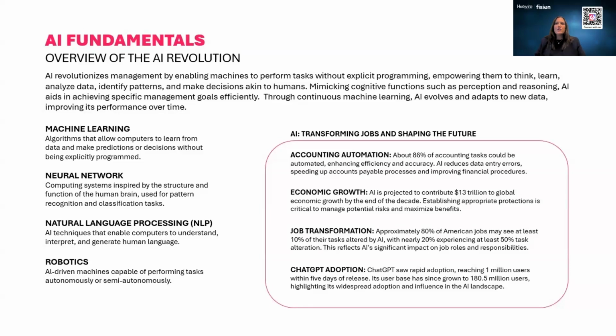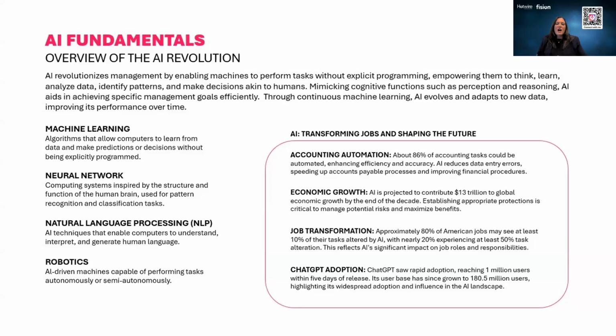Then there's what's called neural networks, and those are computing systems inspired by the structure and function of the human brain, and they're used for pattern recognition and classification tasks. Then there's something called NLP, which is natural language processing, AI techniques that enable computers to understand, interpret, and generate human language. And then there's robotics, AI-driven machines capable of performing tasks autonomously or semi-autonomously.